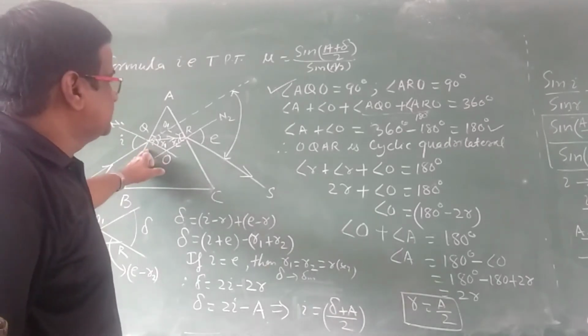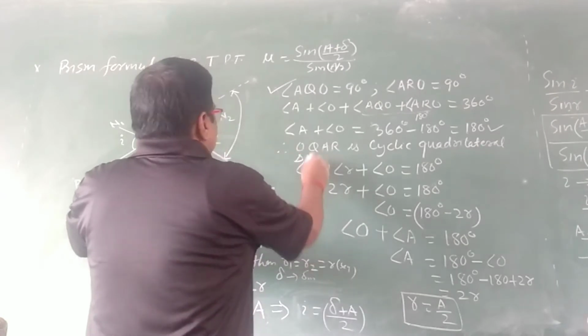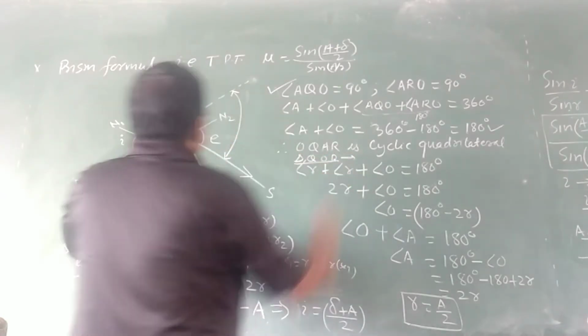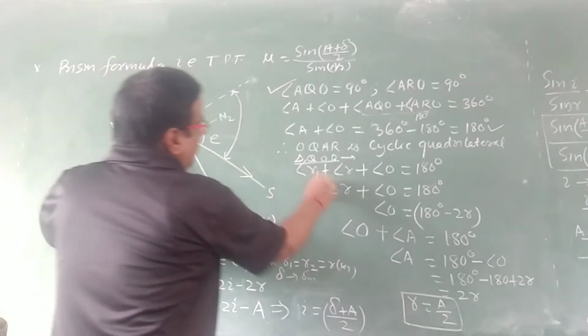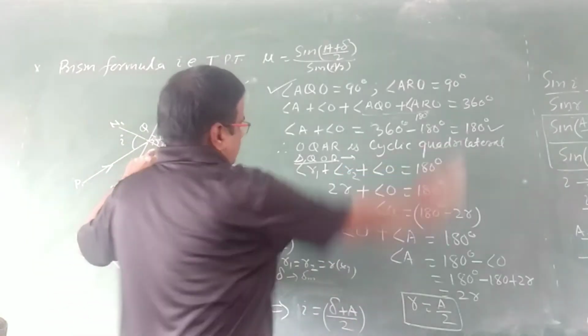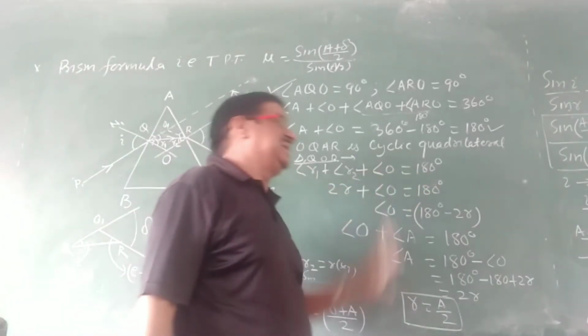Now come to this triangle. In triangle QOR we can write R1 plus R2 plus angle O is equal to 180 degrees.